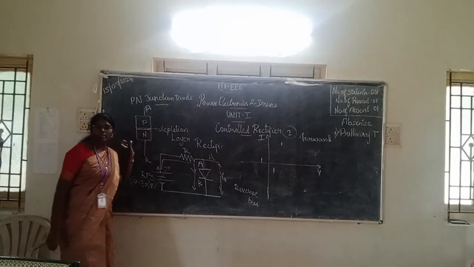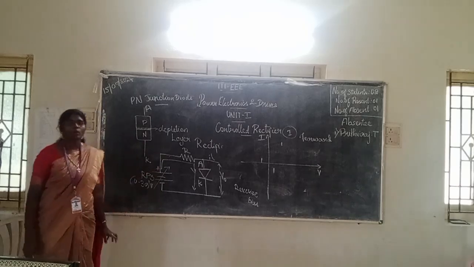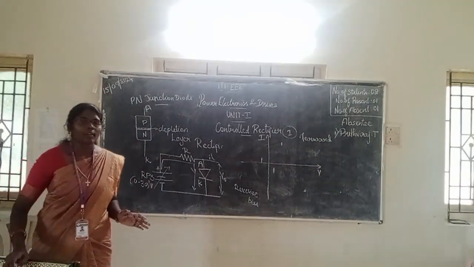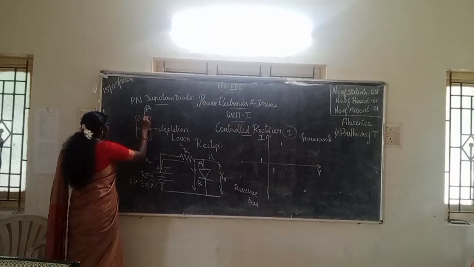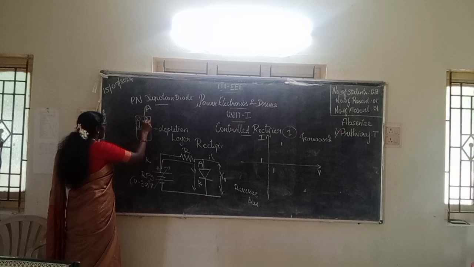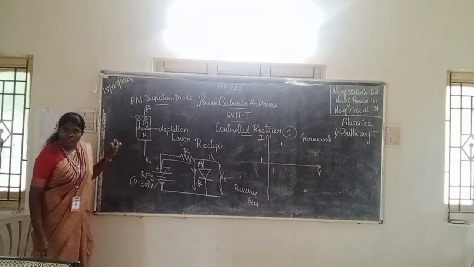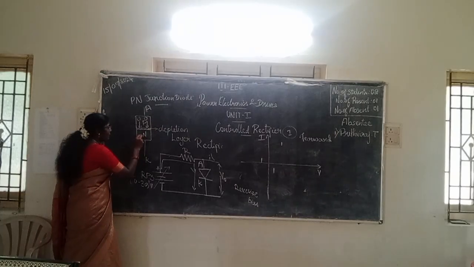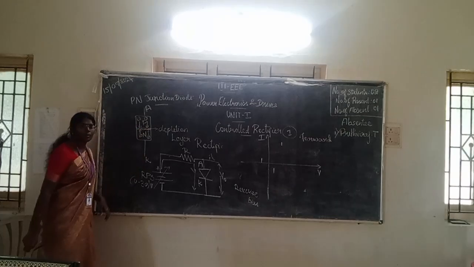We have to explain this diagram. Once the positive terminal is connected to the anode and the negative terminal is connected to the cathode, what will happen? In the p-type junction, who is going to be there? Holes. And in n-type, electrons will be there.